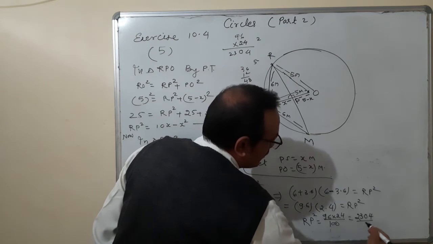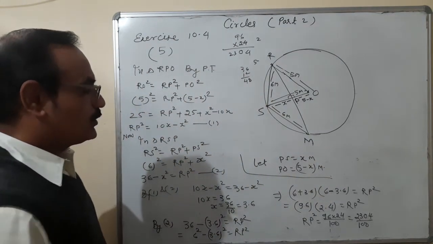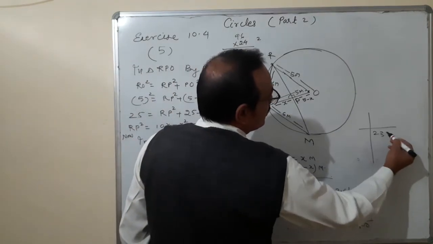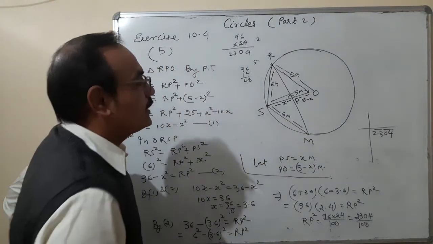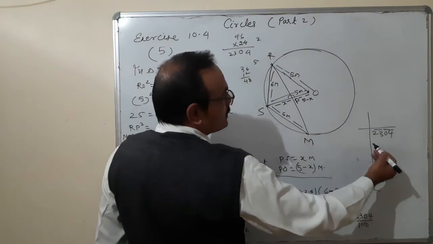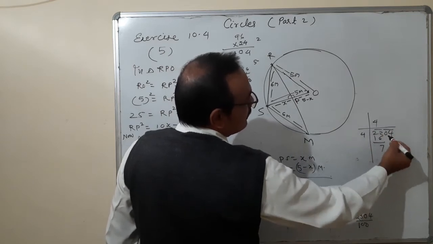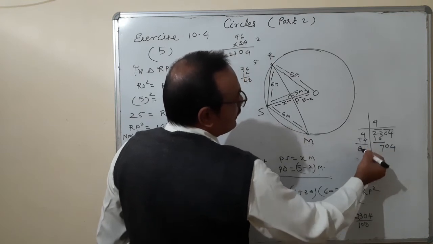2304 upon 100 is RP square. And you know that 2304, let us see whether it is a perfect square of any number, yes or no. 4 4s are 16, 7 is carried, 1 pair carried here, 8.